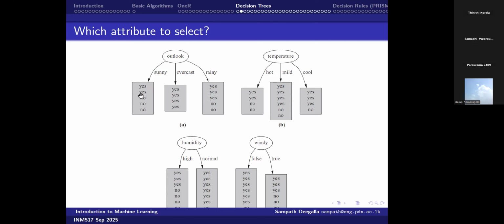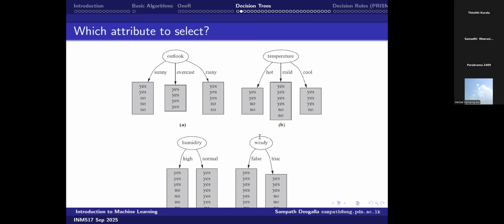When the Outlook is sunny, we have 2 instances classified as yes, 3 instances classified as no. When Outlook is overcast, everything is classified as yes. When Outlook is rainy, you will see 3 instances classified as yes, 2 as no. Similarly, you can see temperature, humidity, and windy.